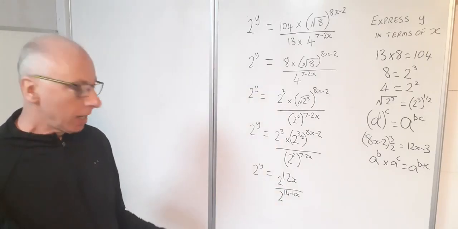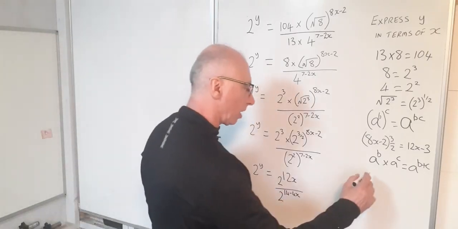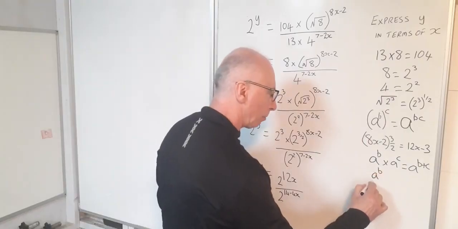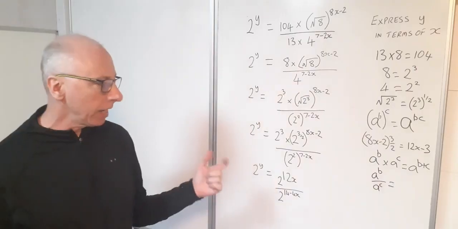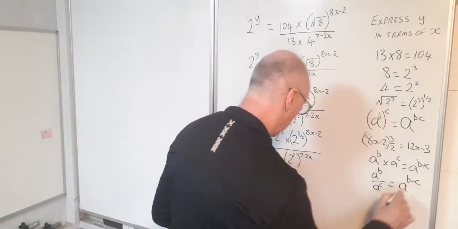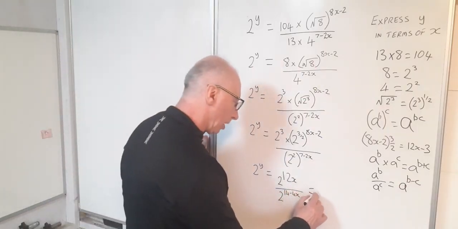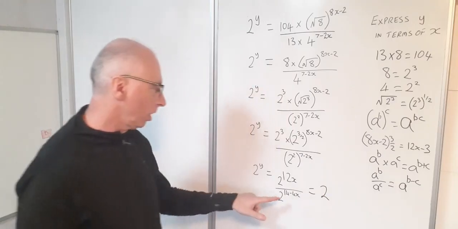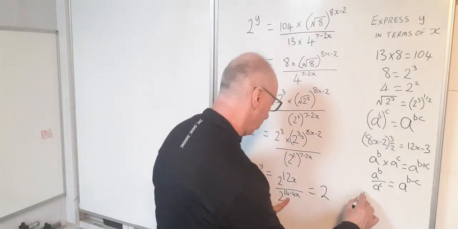Okay, now let's simplify this. So now my next property is if I've got a to the power of b over a to the power of c, that gives me a to the b minus c. So with this, I could just write this as one number in base 2. So I've got 12x minus, in brackets, 14 minus 4x.